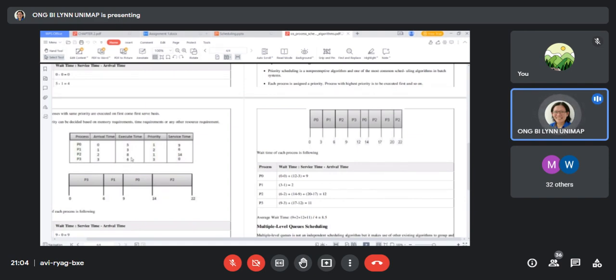Lastly P3, 6 units. It has run 3 units and still has 3 units, so it runs 3 units. After that, P0 is finished, P1 is finished, and what we have left is P2, with 2 units left. That is why you have 20 to 22. Can you?